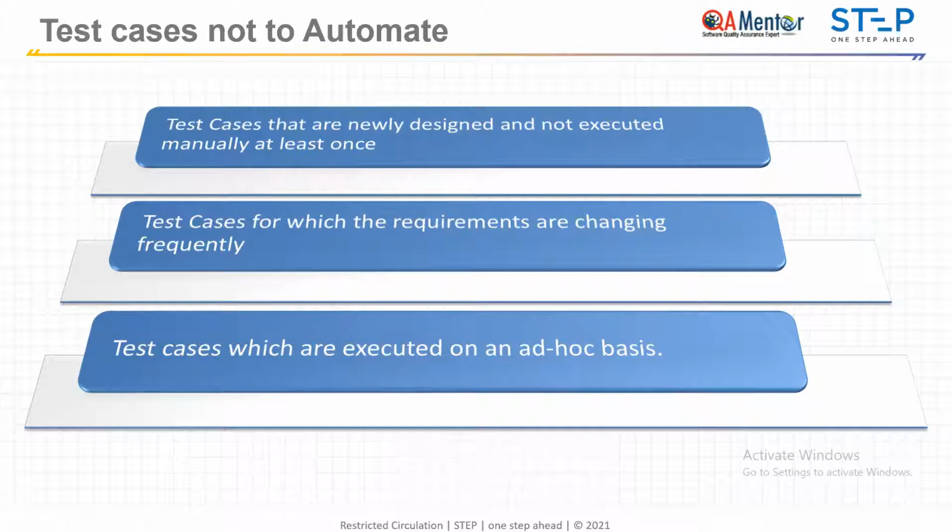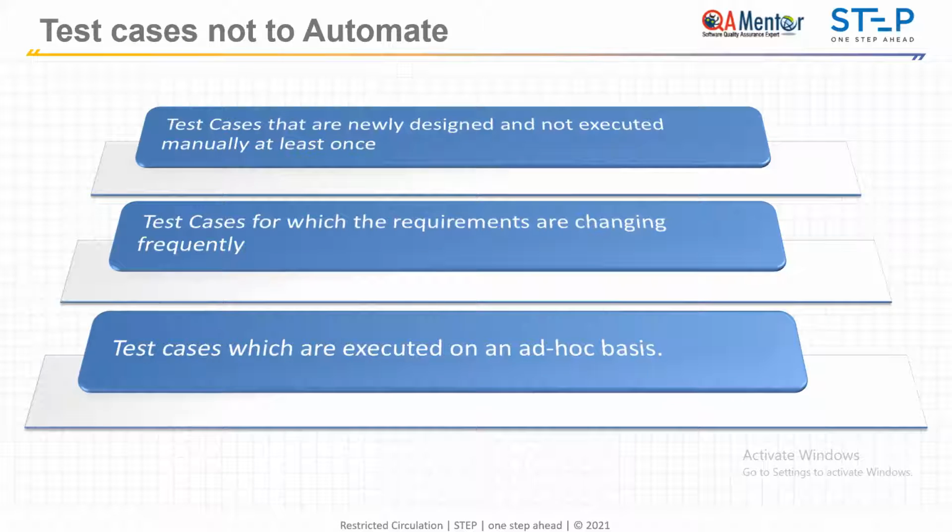In those test cases, if you go with automation, it will be very harmful, because in the automation journey you will face multiple challenges. Defects will be there, and you will not be able to complete that particular flow. So these test cases are not feasible to automate. Otherwise, you will again lose track of automation, and it will not be useful for your client.